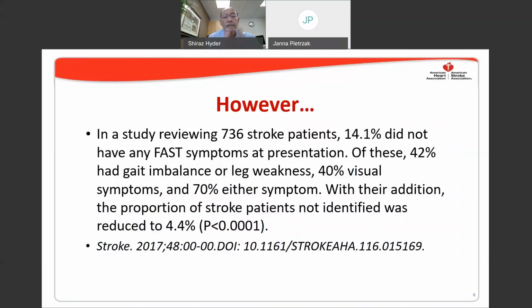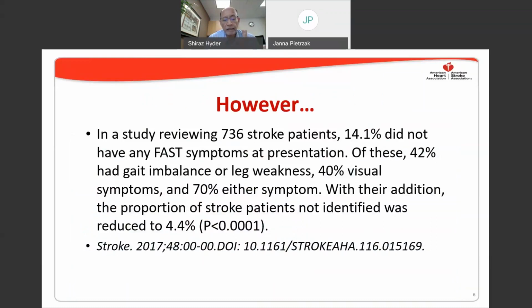And the reason for adding BE has to do with the FAST acronym, face, arm, and speech, really covers the anterior circulation of the brain. And it was realized that with the FAST screen, almost 14 to 15% of patients were missed because they had other symptoms besides the face, arm, and speech.